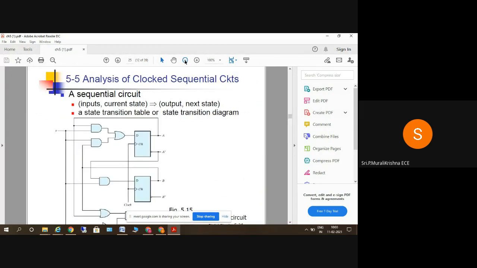Analysis of clocked sequential circuits. This is what we'll be seeing here.